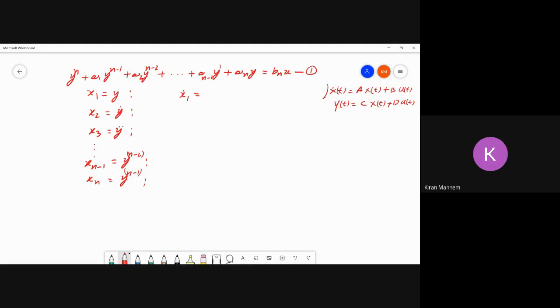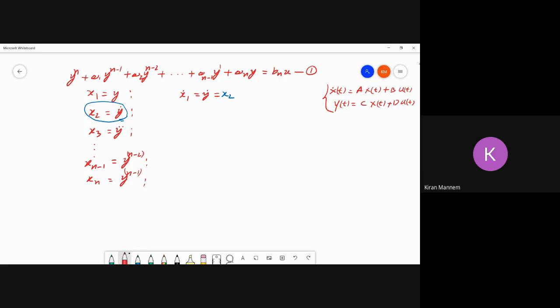This is the state model of any LTI system. Now what is x dot 1? Take the differentiation of x1. It would be y dot. So what is y dot? y dot is equal to x2, right?